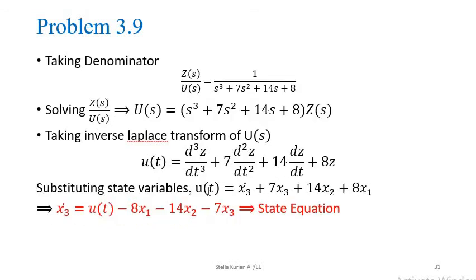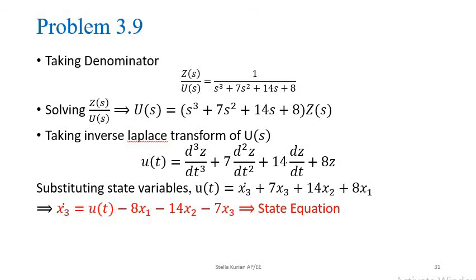So here you can write u of t as x3 dot plus 7x3 plus 14x2 plus 8x1, and x3 dot can be written, rearranging, as u of t minus 8x1 minus 14x2 minus 7x3. Now for writing the state equation, this is the last differential equation.